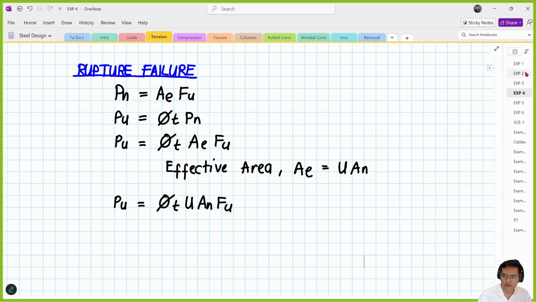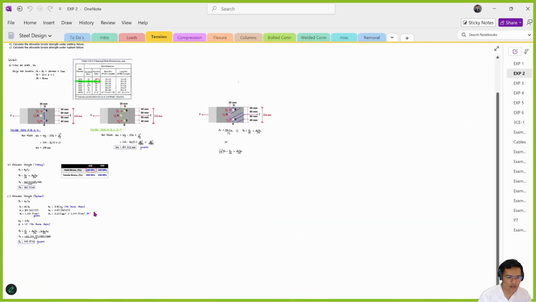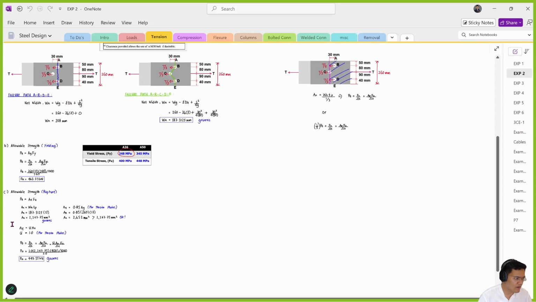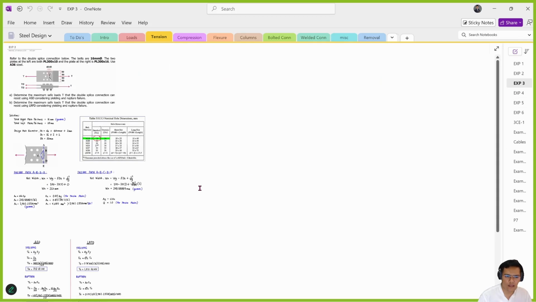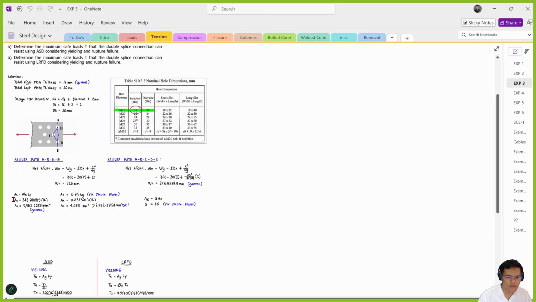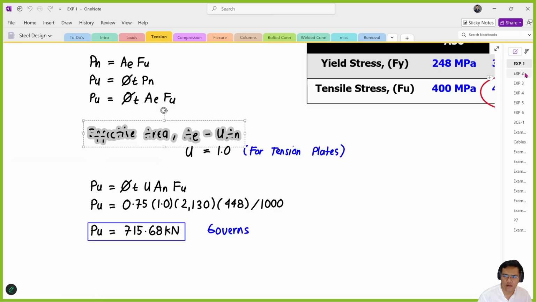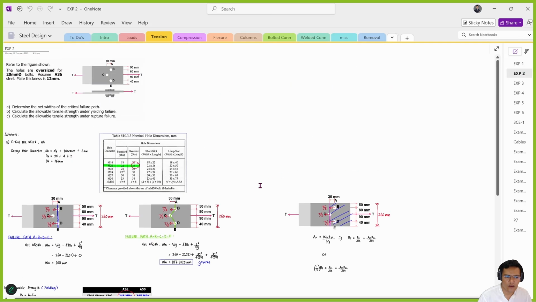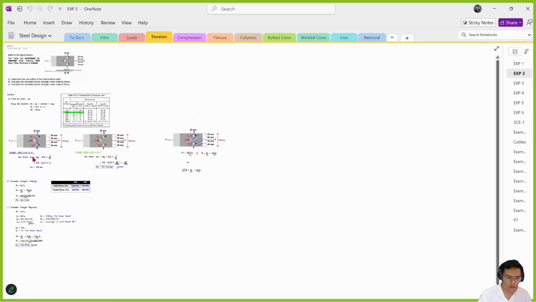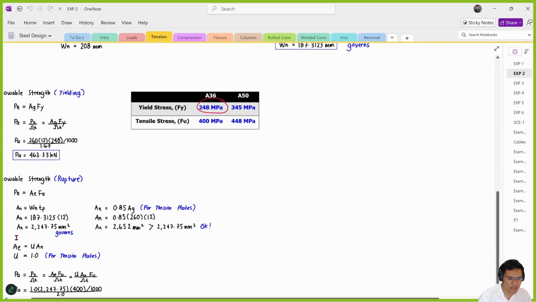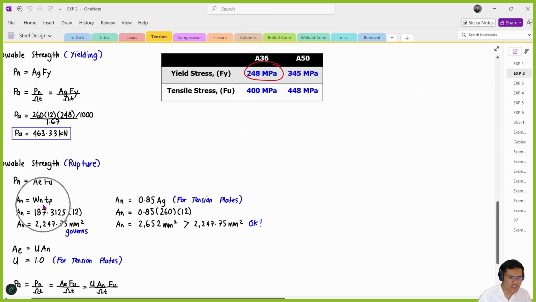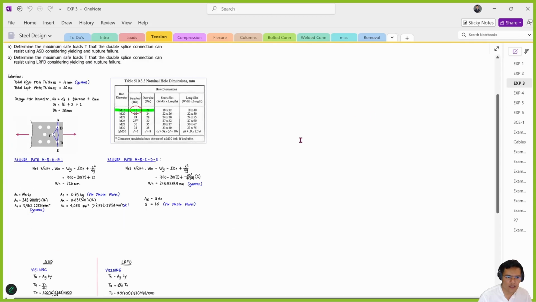Now, in terms of calculation ng area net, alam naman natin yon. Meron tayong dalawang formula doon. Pero ang usual kasi na applicable natin for this one is ito. Okay, let me have the area net. This one is not applicable kasi this is 4 plates, di ba? Pero may isa pa tayong formula na pwedeng gamitin.